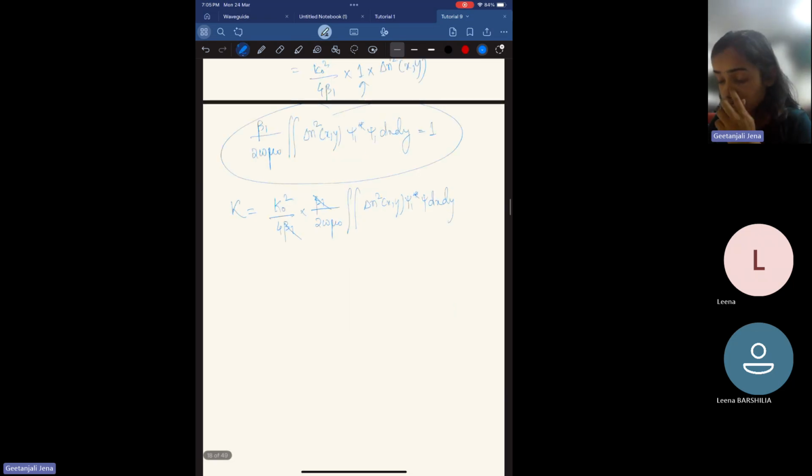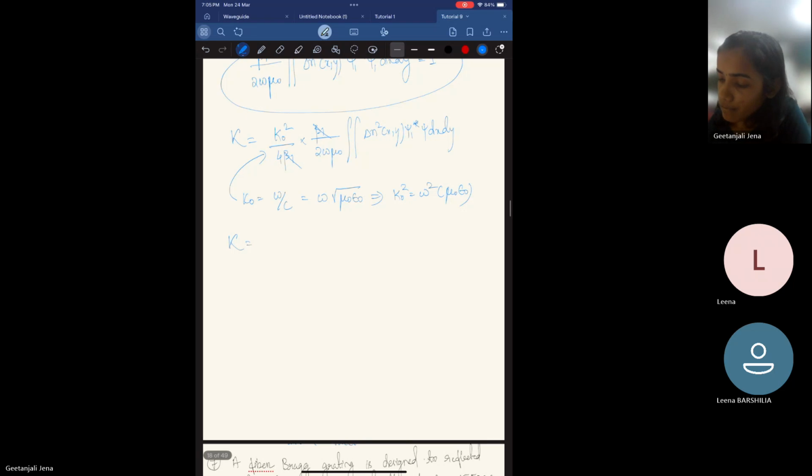To simplify it further, K0 is omega square root of mu naught epsilon, so K0 squared is omega squared mu 0 epsilon 0. Using it here, kappa will be omega squared mu 0 epsilon 0 over 8 omega mu 0 times the double integration of delta n squared xy psi 1 star psi 1 dx dy.